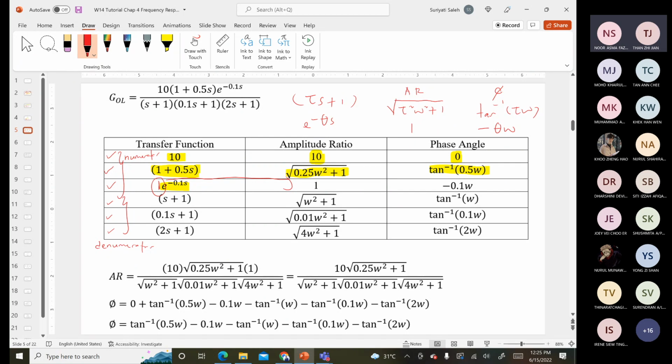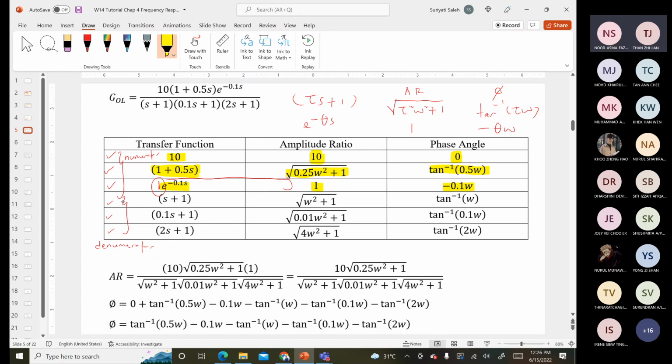You just need to convert whatever value you have for the time delay. For this part, the time delay is 0.1, so you put negative 0.1 W. So this is the amplitude ratio and phase angle for the numerator.